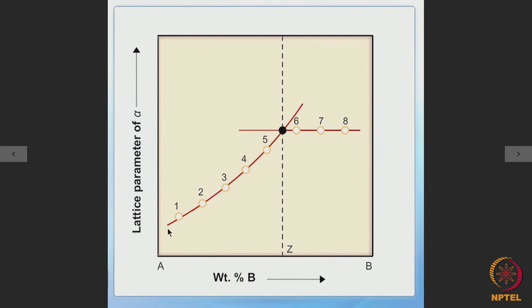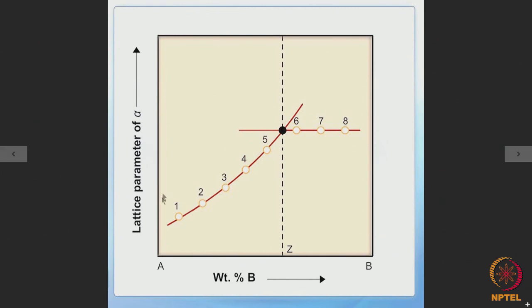And here also there may be a problem. If it so happens that A and B atoms are of almost similar size, then what will happen? The change of lattice parameter of alpha will be minimal. So, in that case we have to find out the solvus point by the intersection of two very similar and flat curves. If the B atoms or A atoms are not much different in size, then the increase in the lattice parameter value of alpha will be minimal.